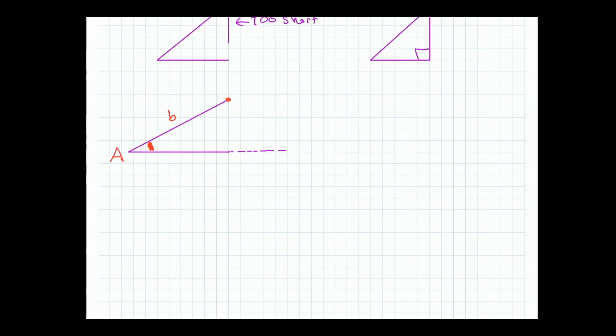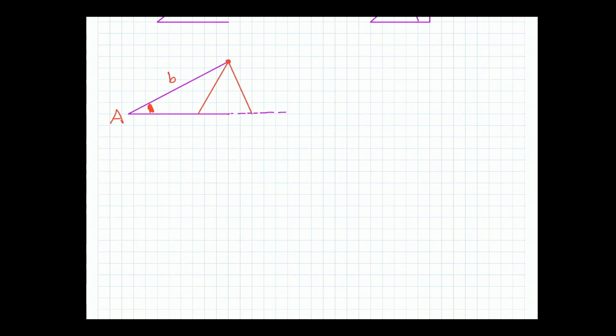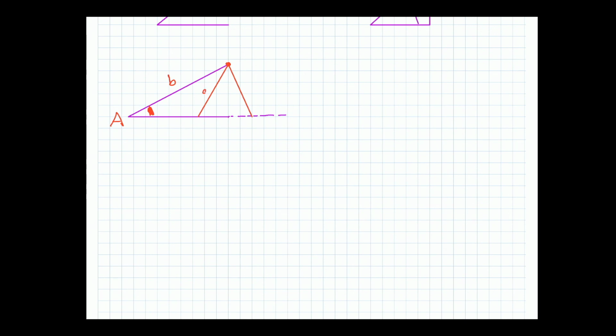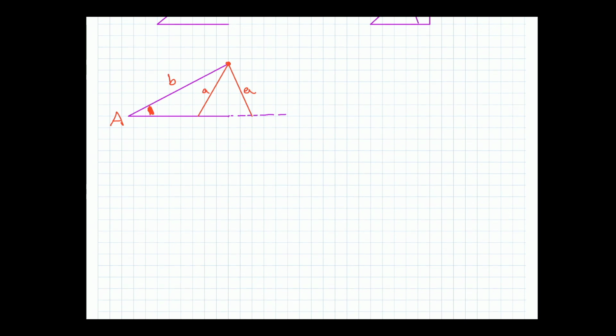And so what happens is side A might be here, but also side A might be here. And there's no way to tell, because if this is side A and this is side A, then the two triangles that I just drew, so there's this one, well, I'm having trouble drawing it here, hold on. So this one has an A that you know, a B that you know, and a little a that you know.